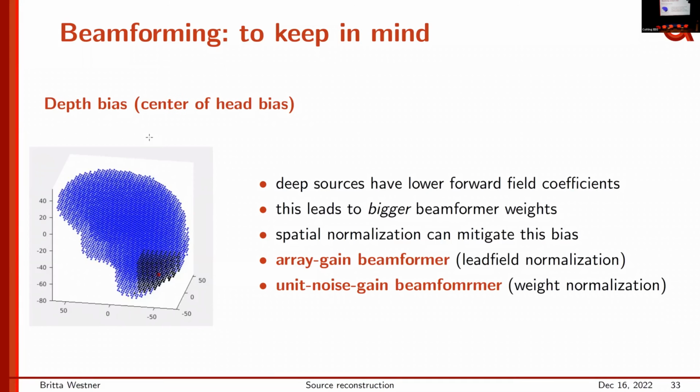Or if you contrast conditions, since this effect relies on the forward model, it's the same across all of your conditions and will cancel out. So if you contrast activity versus baseline or condition 1 and 2, this will not be a problem anyway.